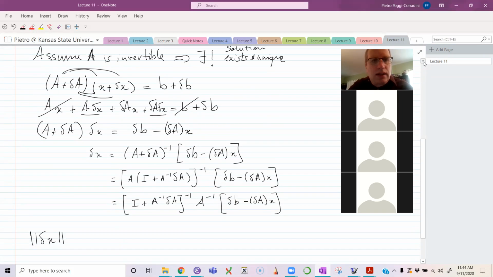So delta is not a scalar here. Delta here is just notation. Delta A is one thing. It's just how we call the perturbation of A, the little error.